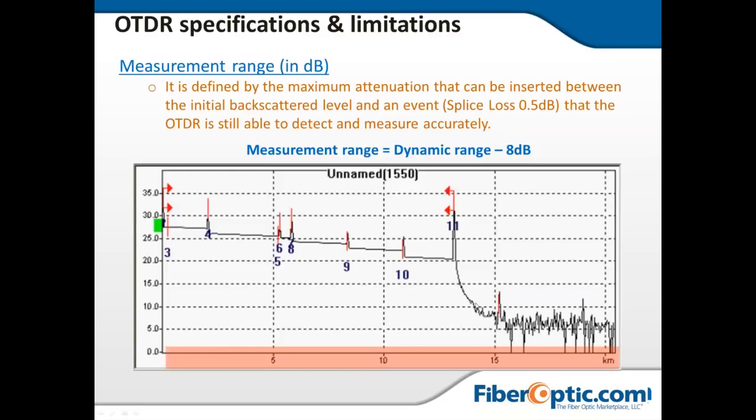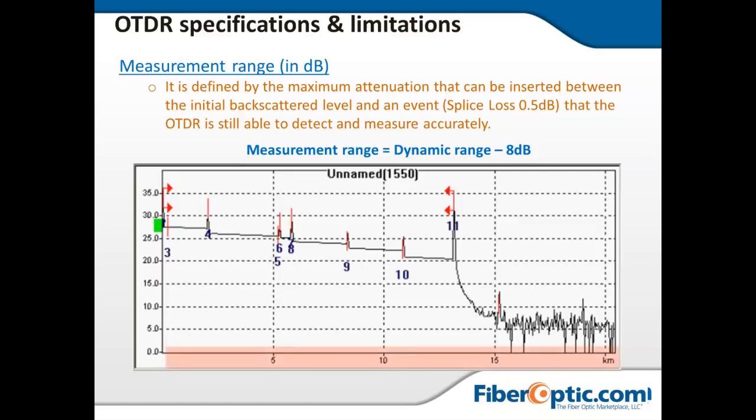In this picture, what we're trying to illustrate is the dynamic range. Between the two blue lines, the one on the top where the arrow is comes in at about 26, 27 dB and runs all the way down to the bottom, which is 0. That's the full dynamic range of an OTDR.